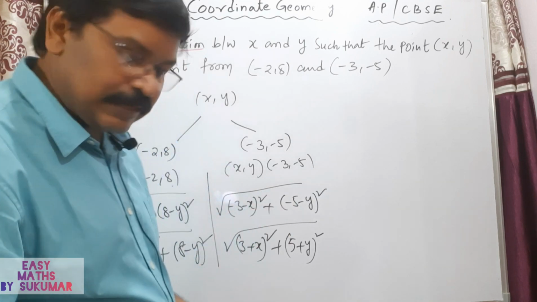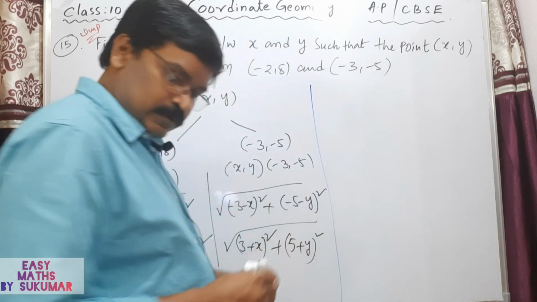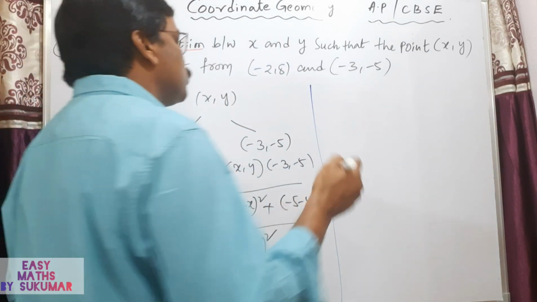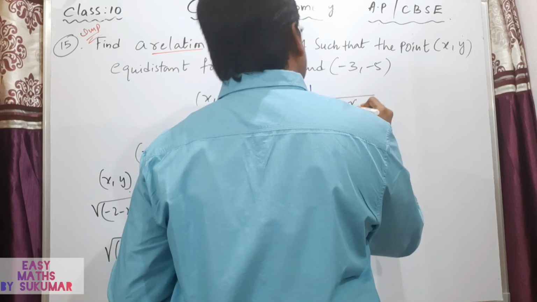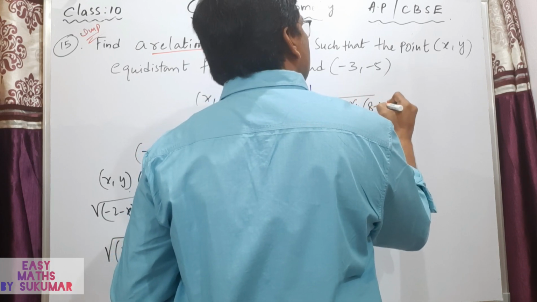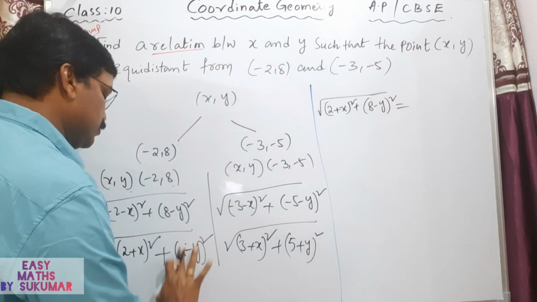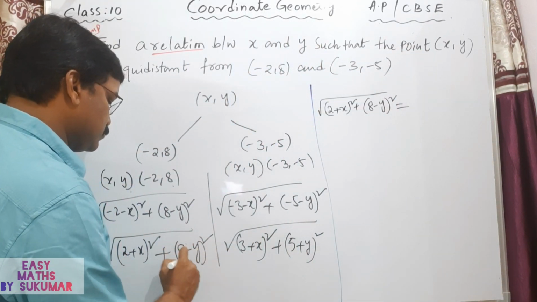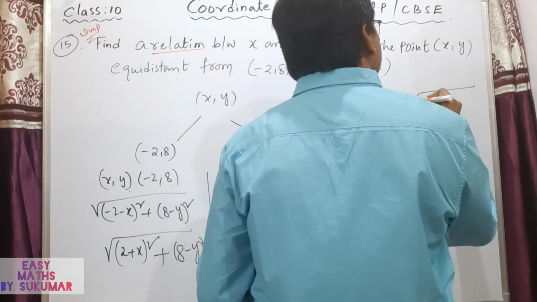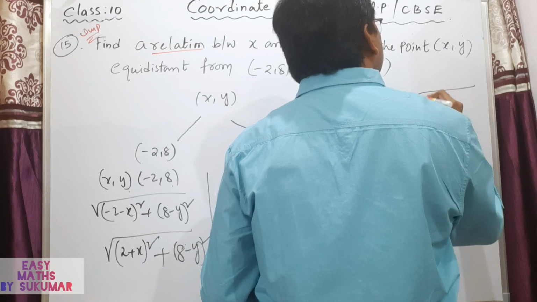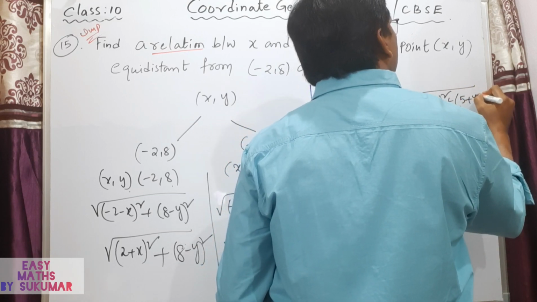That means, look here, according to the problem, square root of (2 plus x) whole square plus (8 minus y) whole square is equal to square root of (3 plus x) whole square plus (5 plus y) whole square.